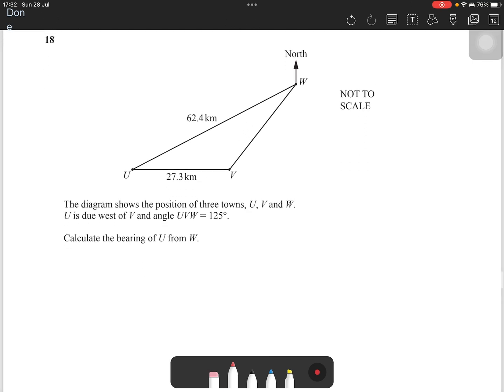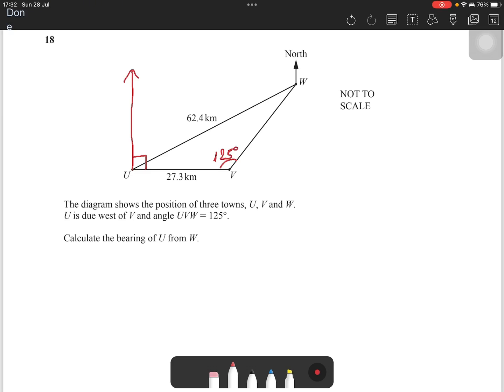Question 18. The diagram shows the position of 3 towns U, V, and W. U is due west of V, which means this one is a right angle. And angle UVW is 125 degrees.